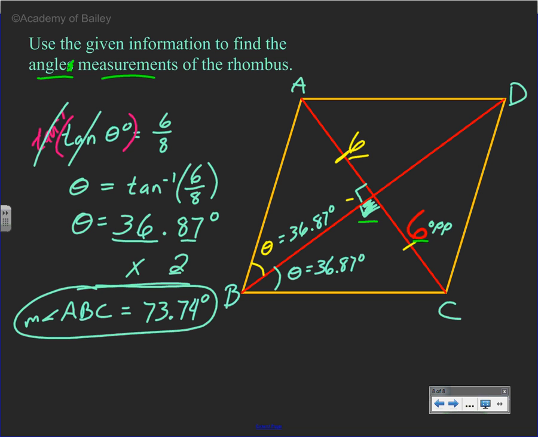So there we have one angle. It's asking for angle measurements, so we need all four angles. Since this rhombus is a parallelogram, we know the opposite angles are congruent. So the measure of angle ADC is also equal to 73.74 degrees.